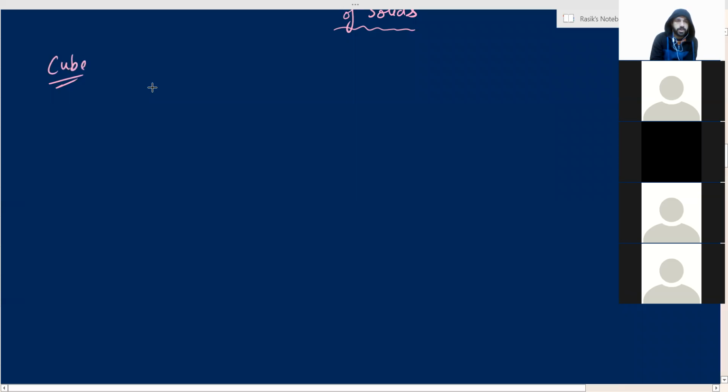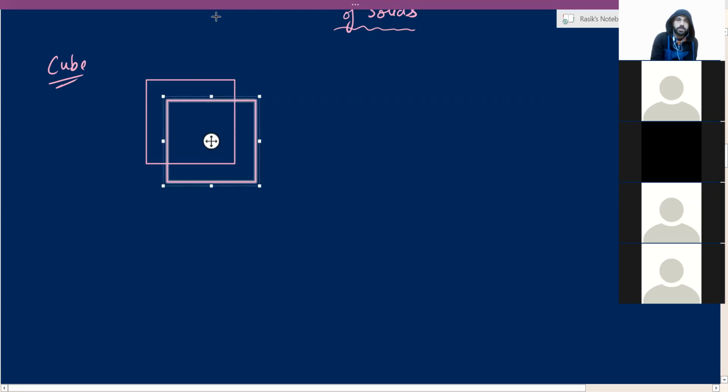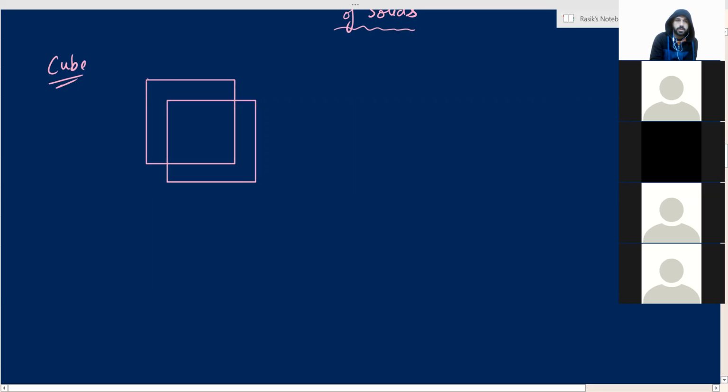The difference between a cube and cuboid is that cuboid surfaces are rectangles, and in case of a cube, the surfaces are square in shape. So this is a cube. You can see that all the six surfaces are square.